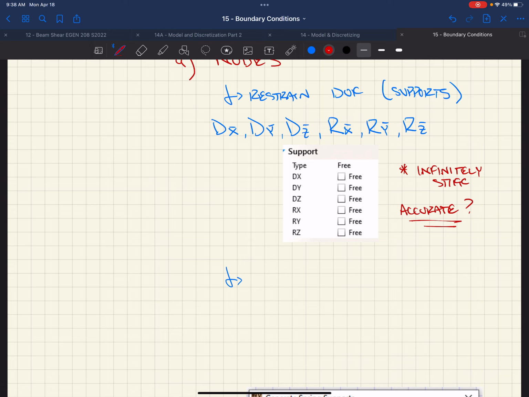So we can impose in some instances a support that isn't infinitely stiff. Essentially a spring.